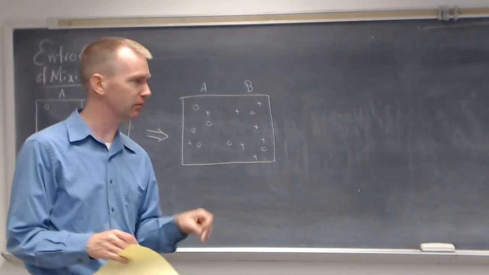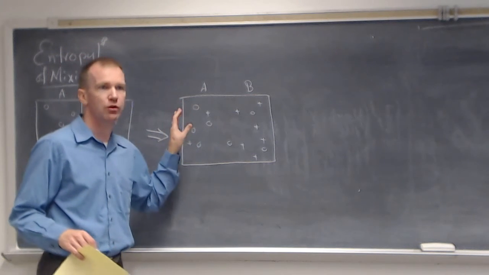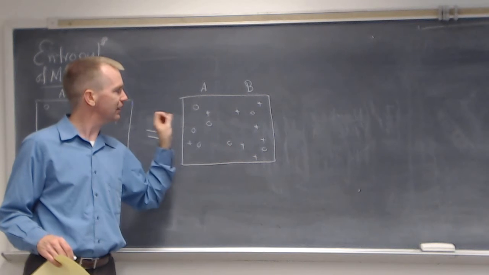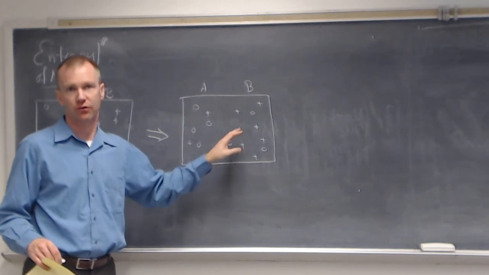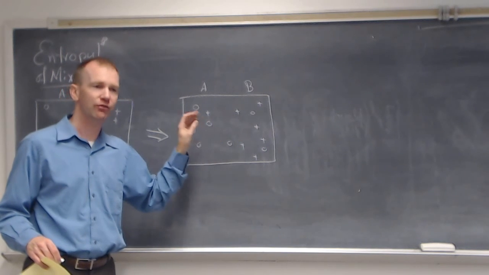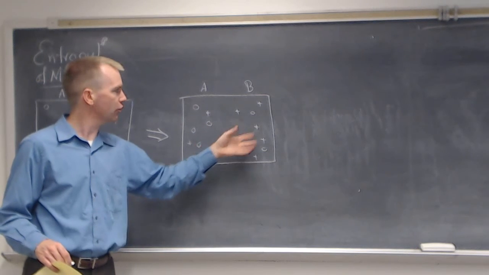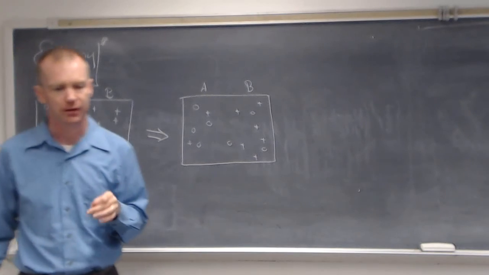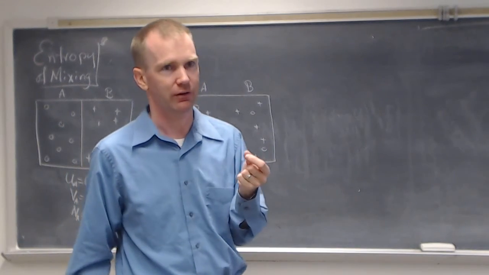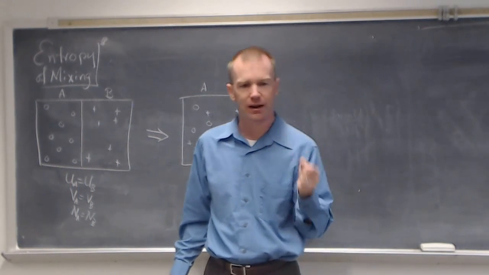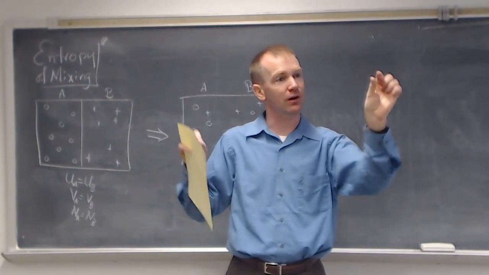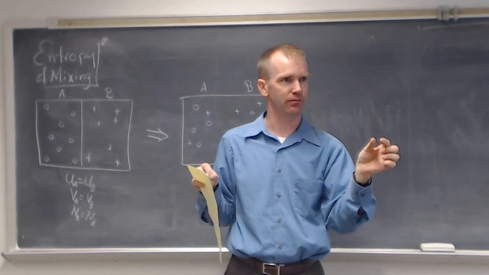What this means is, when you look for the change in A's entropy, you ignore the fact that B even exists at all. As far as A is concerned, there are no particles of B there. And the reason we can do this is that one of the premises of having an ideal gas is that the space between the molecules is much greater than the size of the molecules themselves.